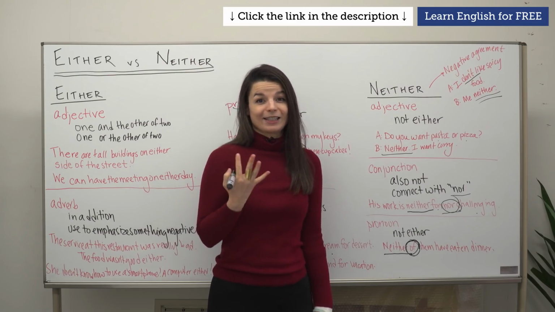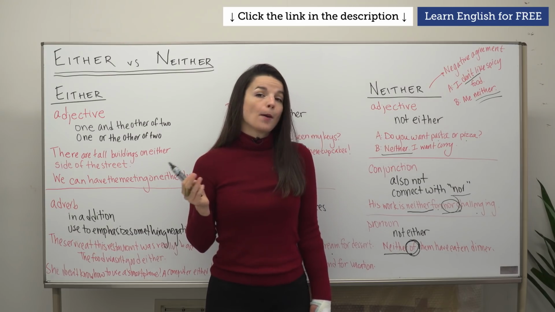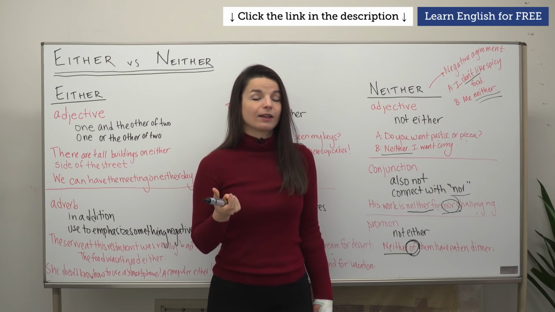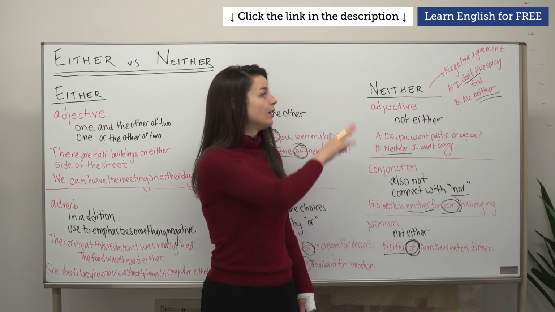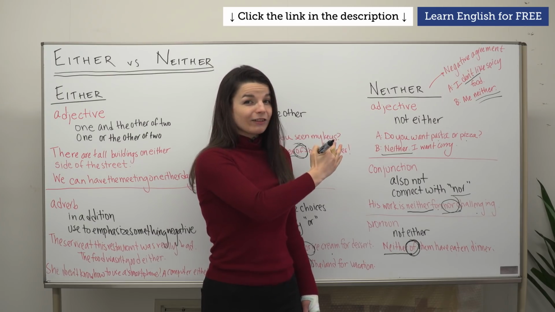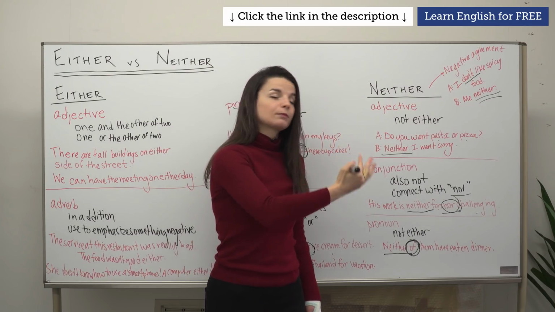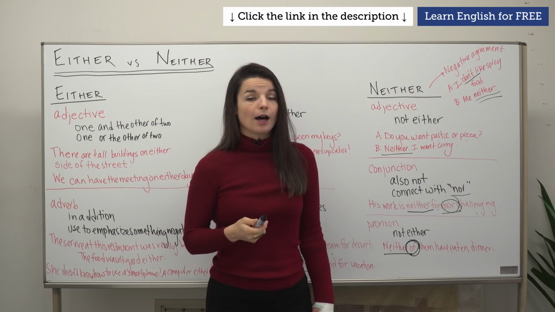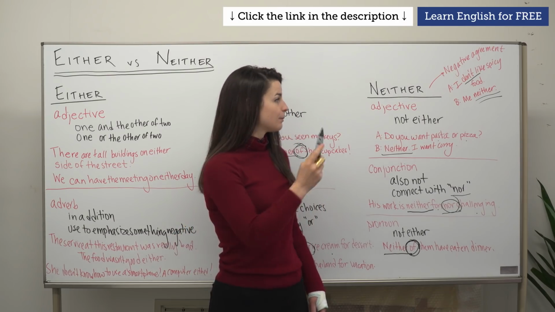It's perhaps a negative idea, I hate something, but there's no grammatical negative in the sentence. So please be careful. If there's not a negative introduced in that first point, you don't need to use neither to agree with that statement. So please keep that in mind.